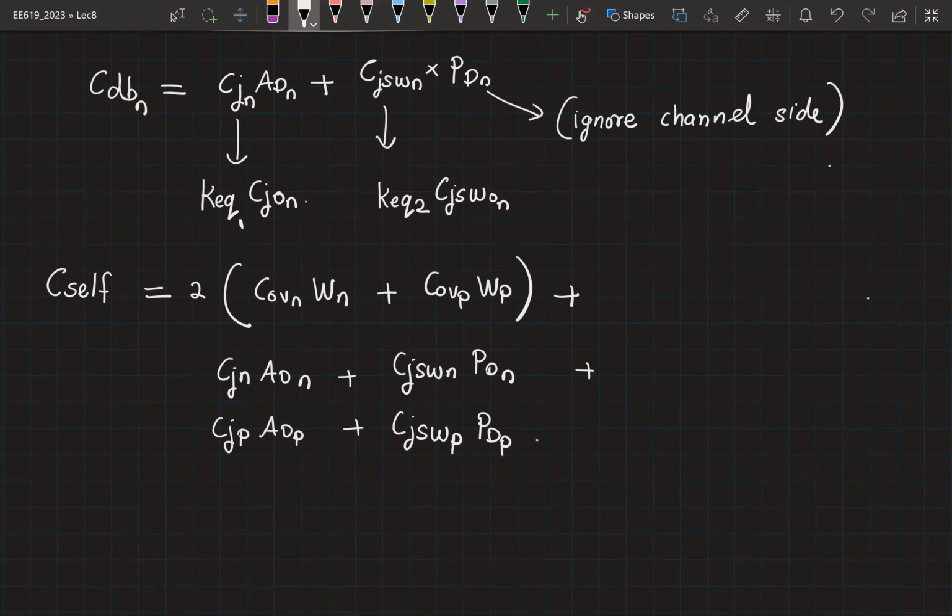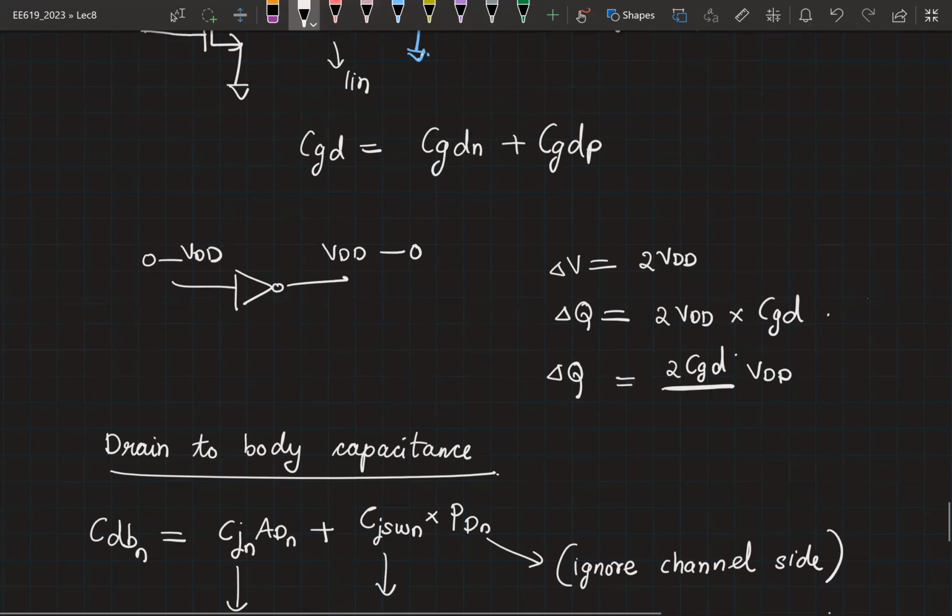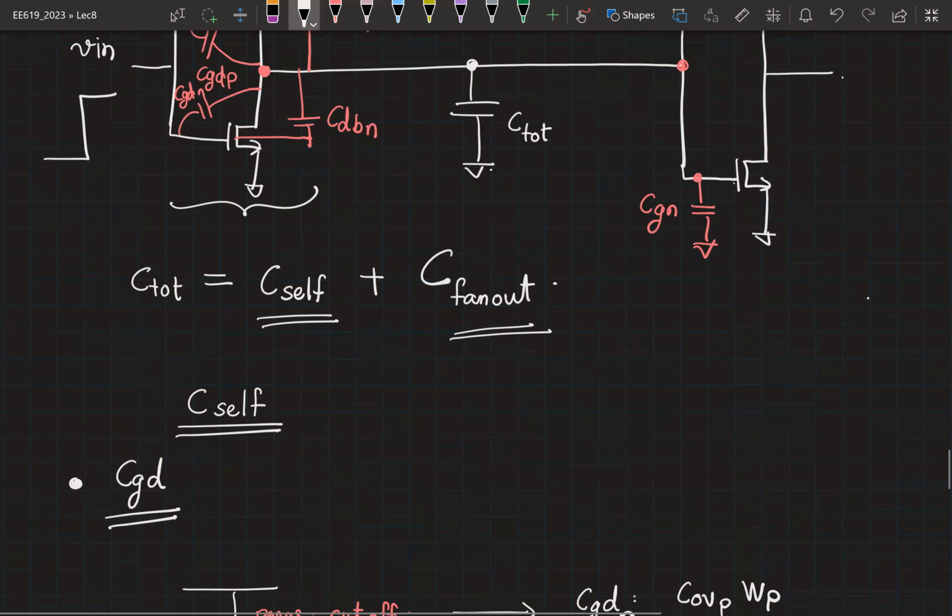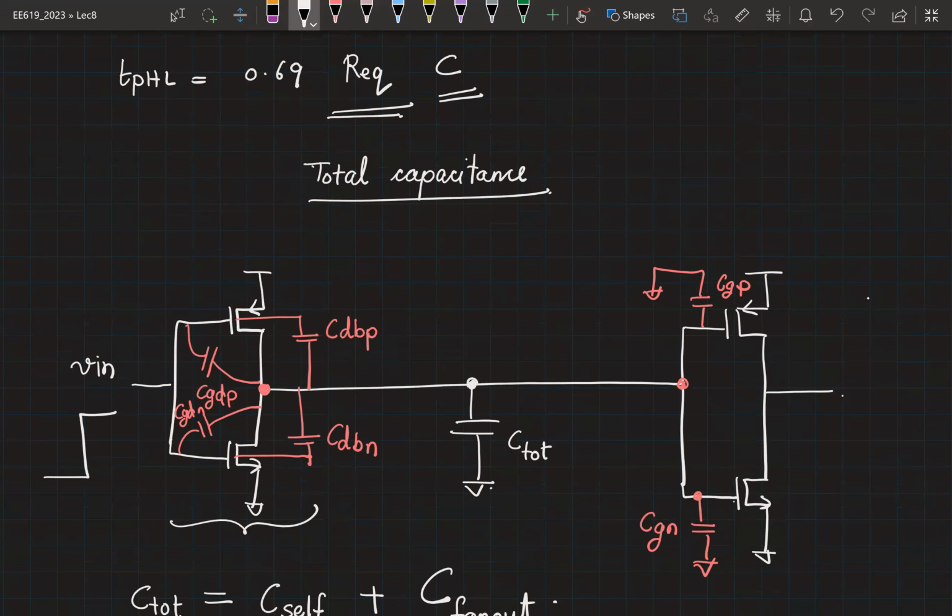This is okay? The equation will look big, but the idea is very simple, right? We are dealing with the two gate to drain capacitances that have been transformed such that they can be represented as a capacitance from the drain node to the ground, and the two drain to bulk capacitances.